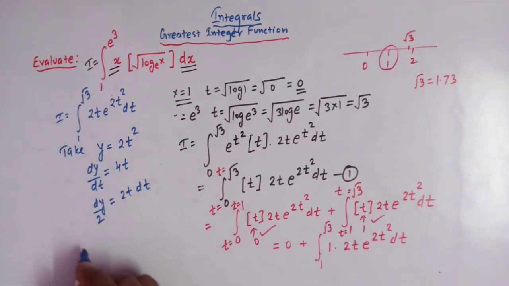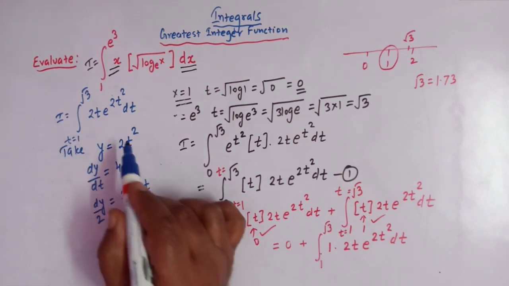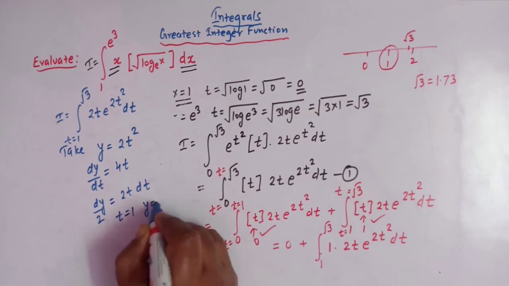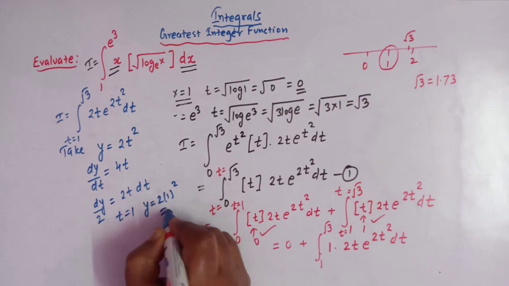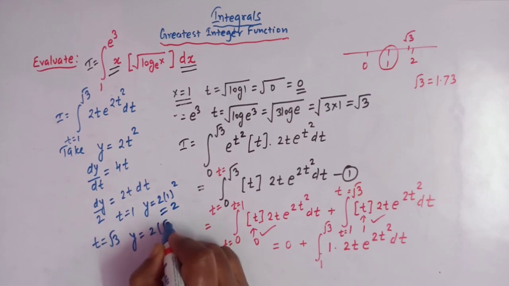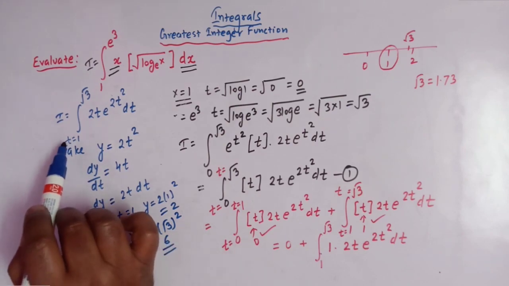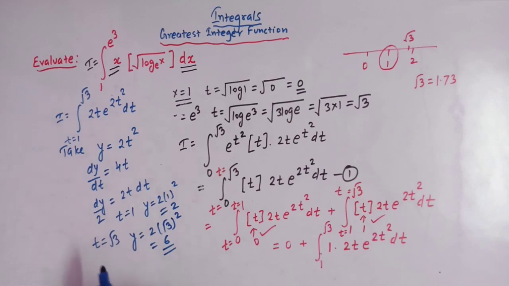So when t is equal to 1, the value of y is 2 times 1 square, that is 2, and when t is square root of 3, then y is 2 times square root of 3 square. So root 3 square is 3, so we have 2 times 3, which is 6, right? So when t goes from 1 to square root of 3, then y goes from 2 to 6, right?